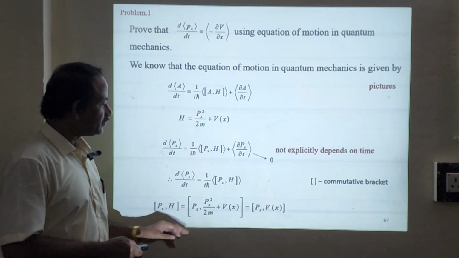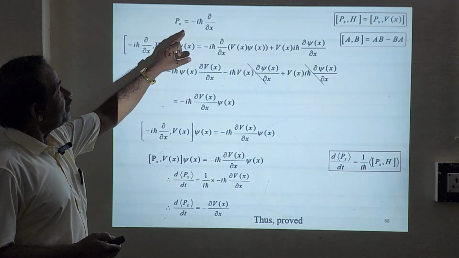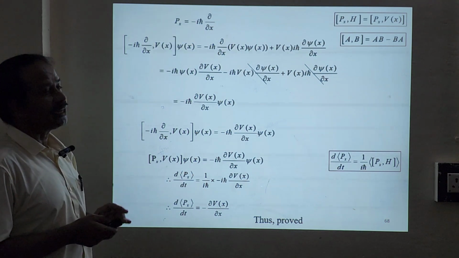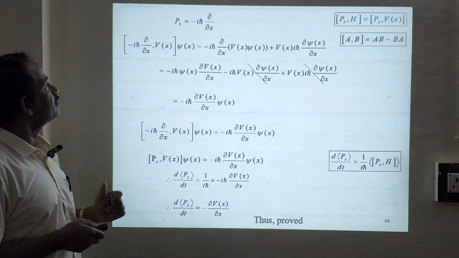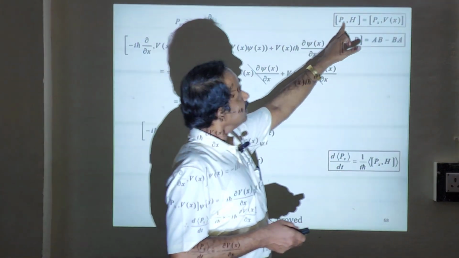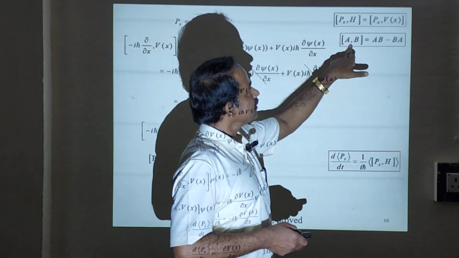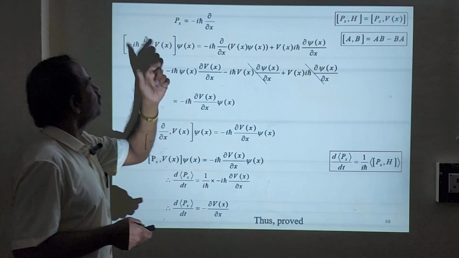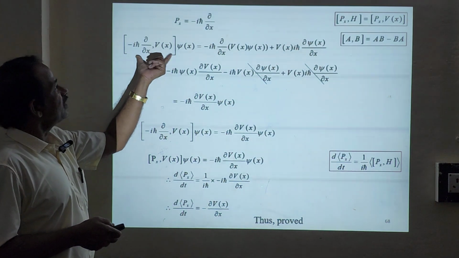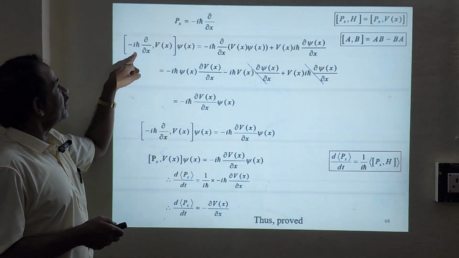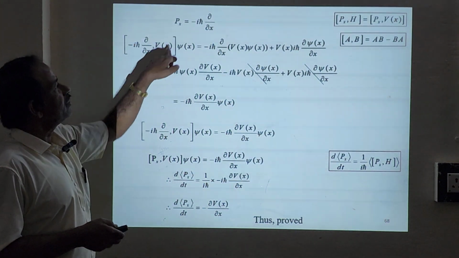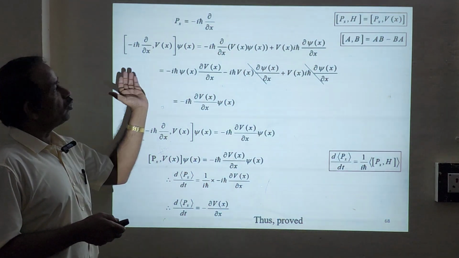Now, we already know that px equals minus iħ d/dx. So from the last slide, [px, H] equals [px, V(x)], where [A, B] equals AB minus BA, which you should know. This is the commutation relation. Instead of px, you can substitute minus iħ d/dx.